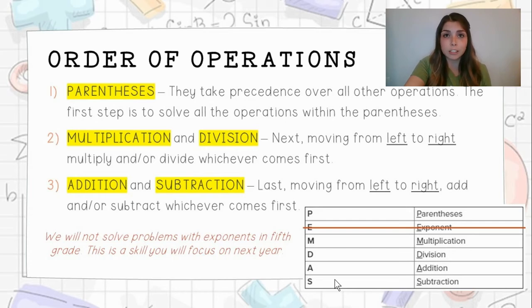Move from left to right, just like we would read a book, left to right, and solve the multiplication and division as they appear in order. And then finally, addition and subtraction. Again, moving from left to right, solve the subtraction and addition as they appear in order, moving from left to right. We're not going to focus this year on exponents. That will be a skill that you focus on next year in 6th grade.